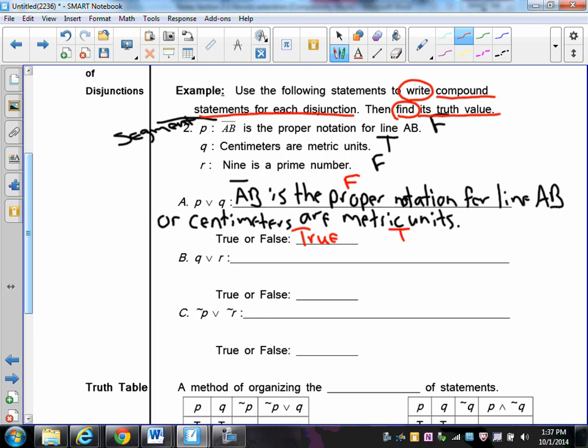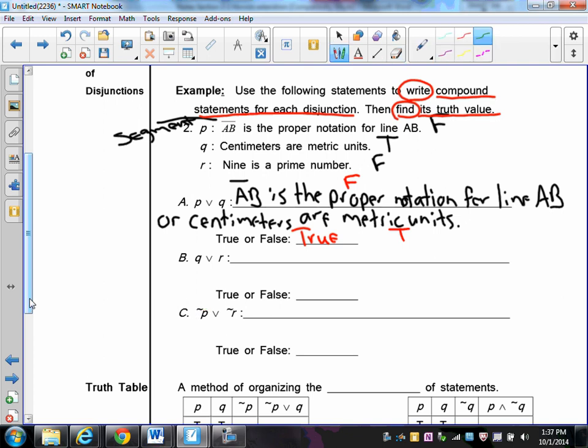So there's no example here where you're going to have a false answer in the end, but I would like to take a look at letter C. Letter C would have both of these be true because we would flip the values around. So remember, this symbol here, the tilde, means not.